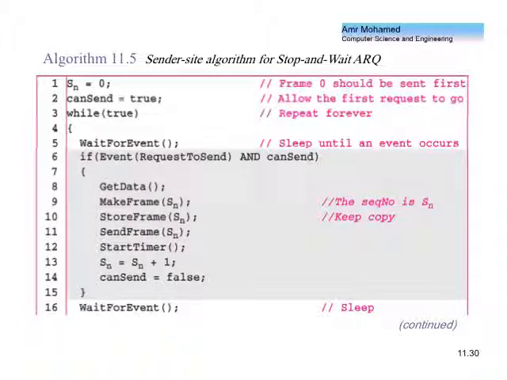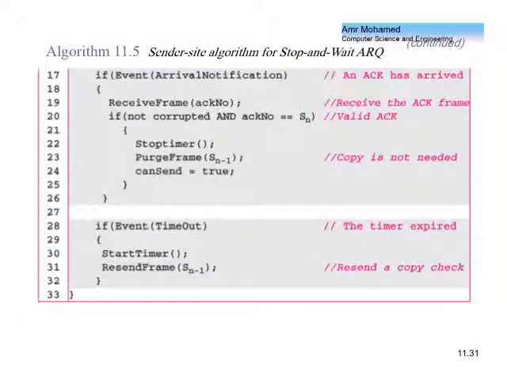So, the next event is the arrival of an acknowledgement. This is the main if statement for the arrival of the acknowledgement. Then I have to receive the frame at the sender side, and then I have to check the acknowledgement.